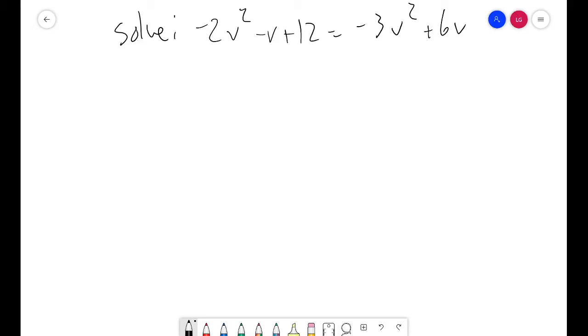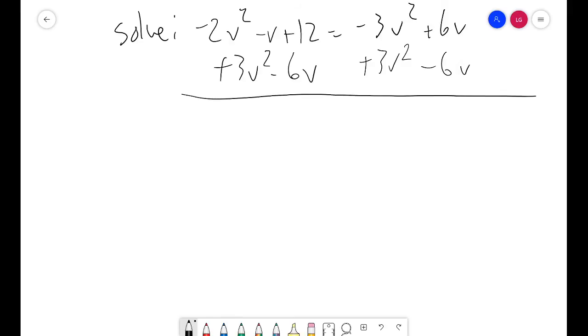So what I'm going to do is I would like to make the right-hand side be 0. And in order to do that, I need to keep that balance. So this is kind of what we're doing with these algebraic rewrites.